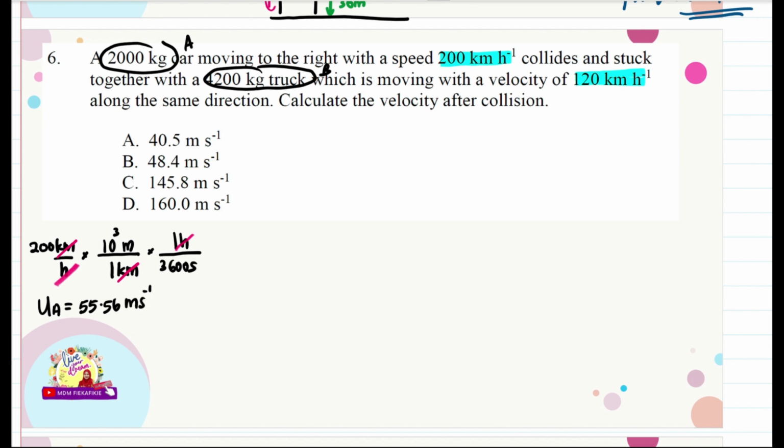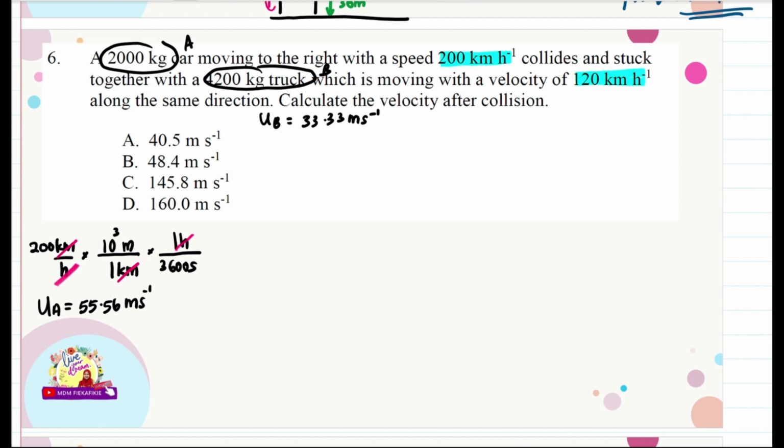Okay. And sama juga dengan UB. UB pun awak buat cara yang sama dan saya akan dapat UB is equal to 33.33 meter per second.